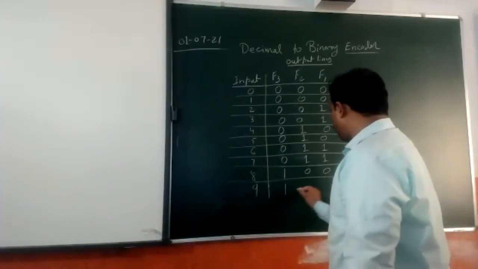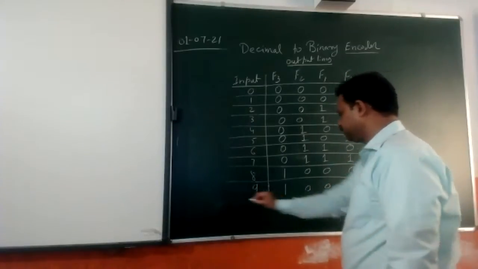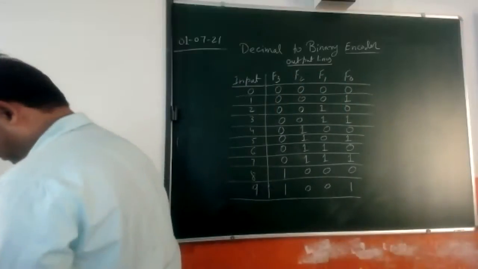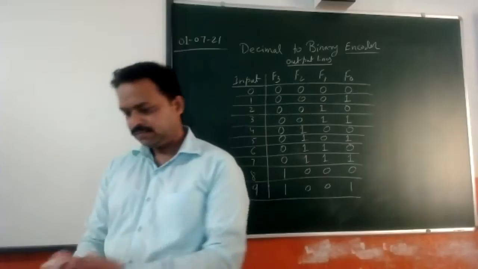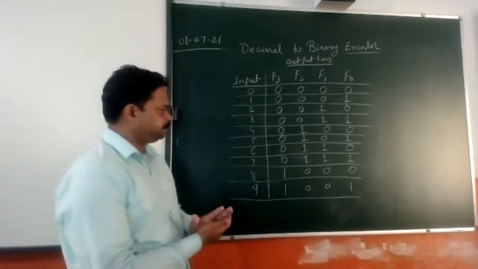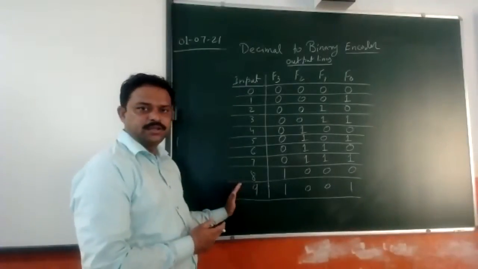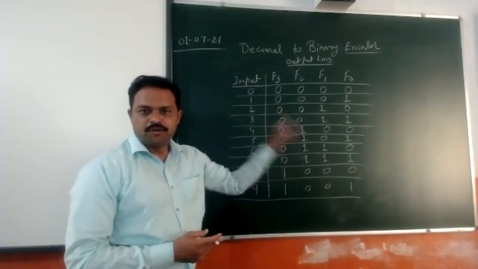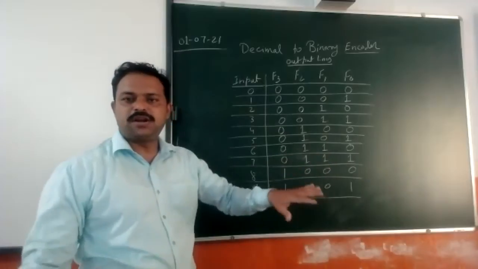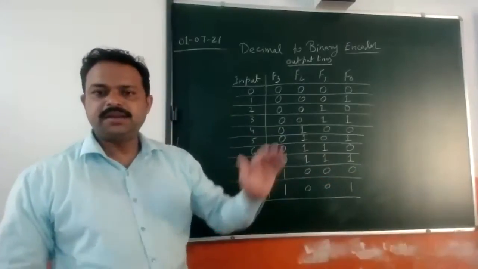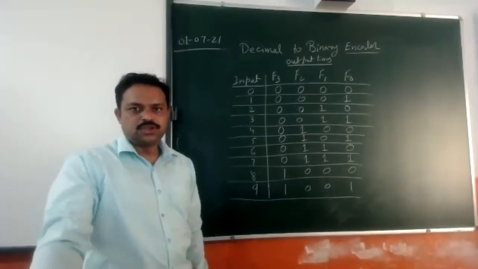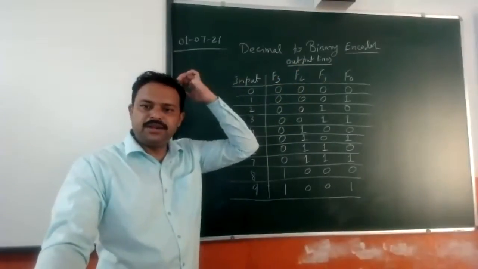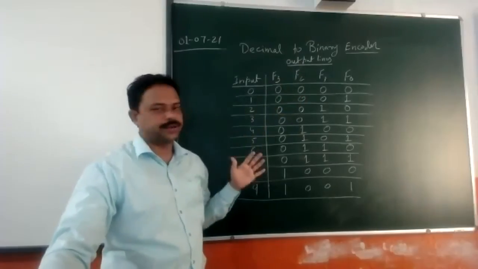And 9 I can write 1, 0, 0, 1 in binary. These are the inputs you want to convert into binary. This is the binary representation. For that, we need one circuit that is called encoder. So which type of encoder do we require? Decimal to binary encoder.